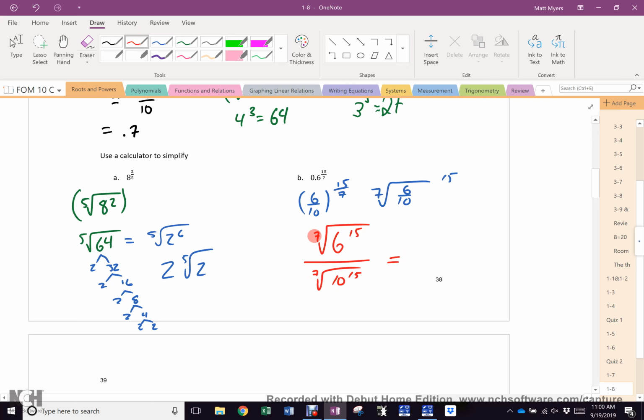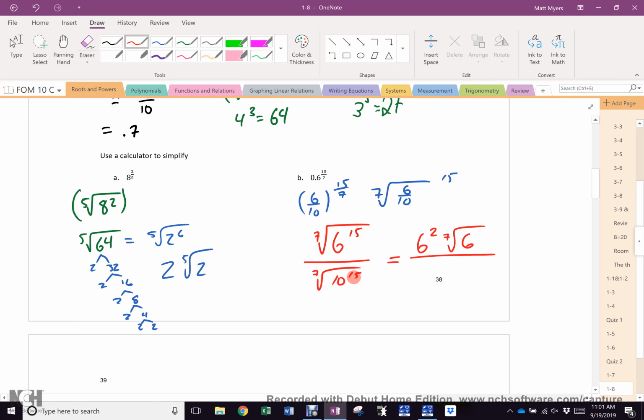How many groups of 7 can I get out of there? 2. So I could get out 6 squared, and what would stay under there? I got out 14 sixes. There were 15, so what stays? A single 6.